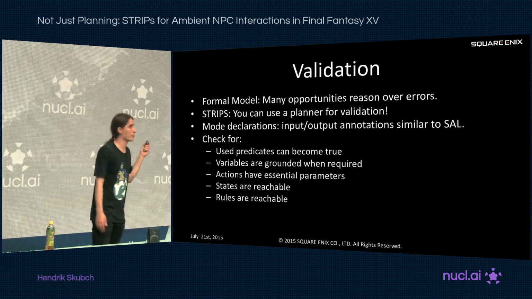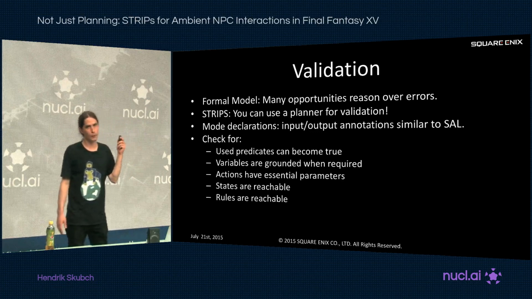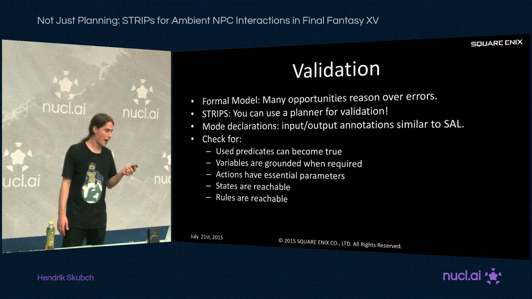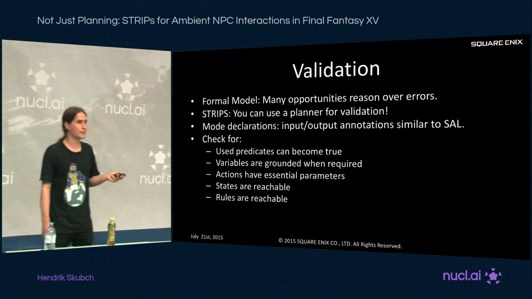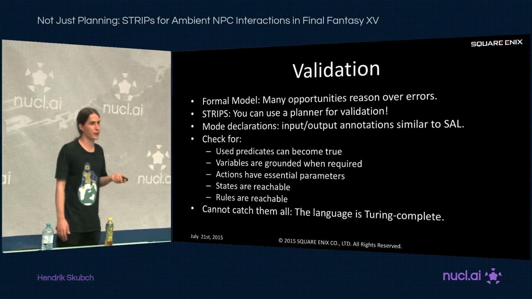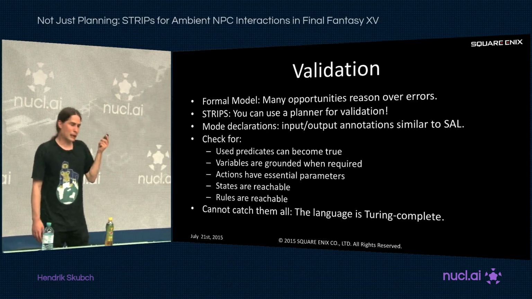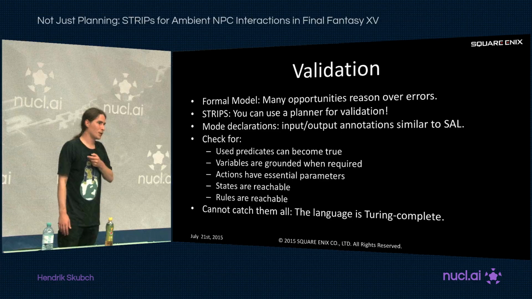You can check whether states are reachable, to a certain degree at least, and whether rules are reachable. Of course, we can't find all the problems, because this is actually Turing complete. So, yeah, you need runtime debugging.